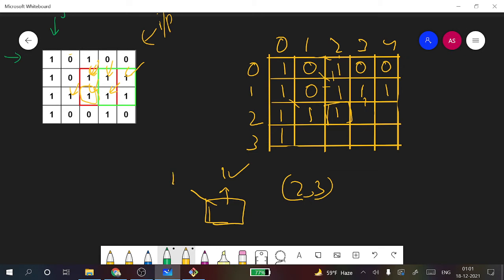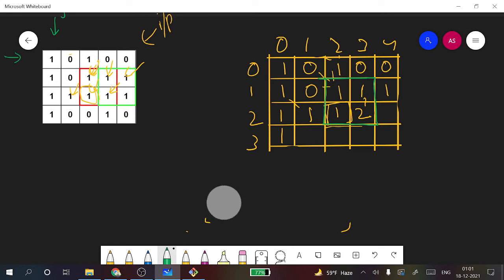Try to expand this diagonal. 1, it's possible. Towards the right, yes it is possible. We'll take the minimum of these three, 1. We'll add 1. We'll be returning 2 as a count, because we can form a maximum 2 of 2 cross 2 here.